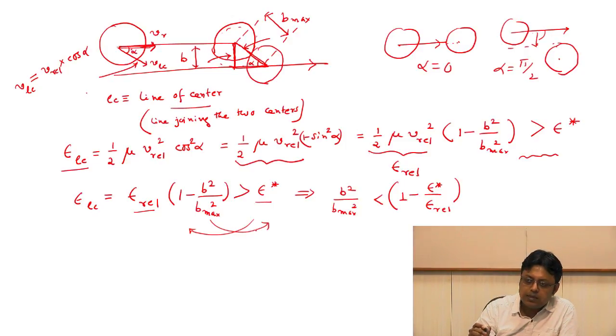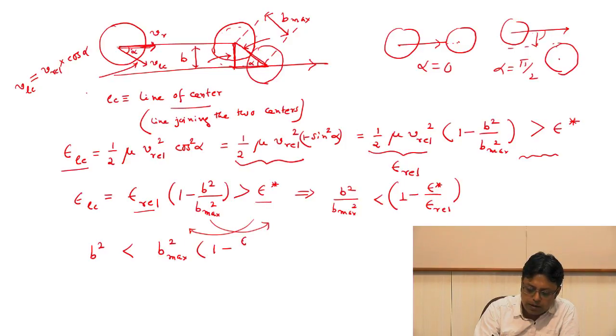So think about it. We can write it in another way: b squared has to be less than b max squared into 1 minus epsilon star by epsilon relative.